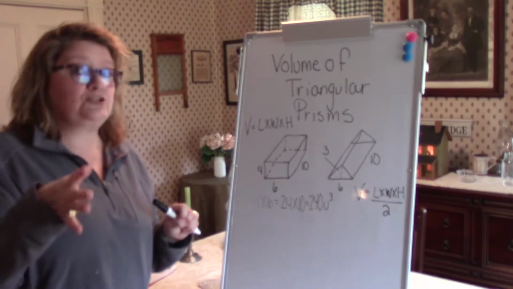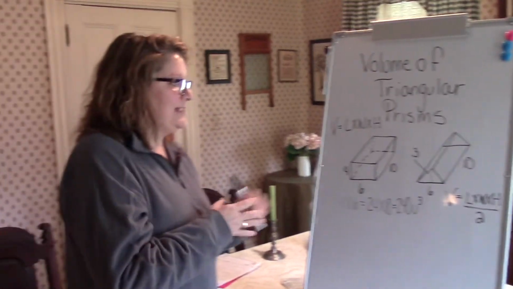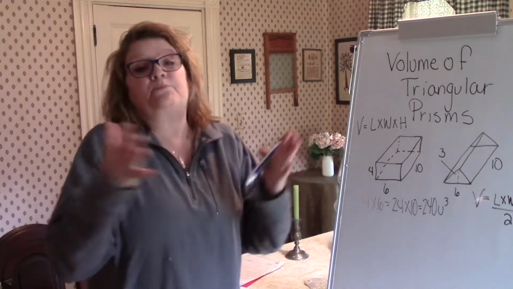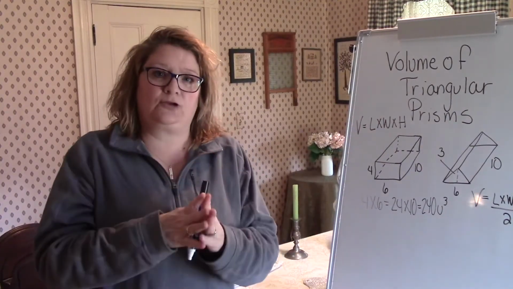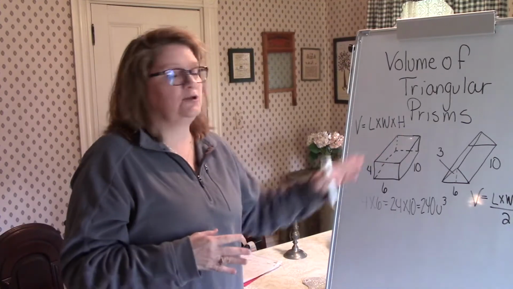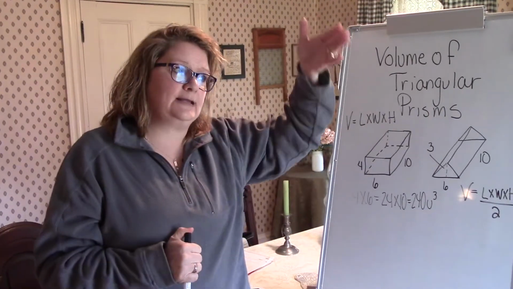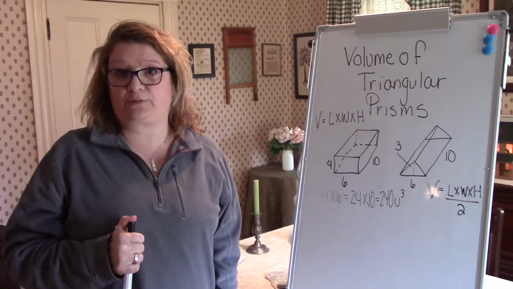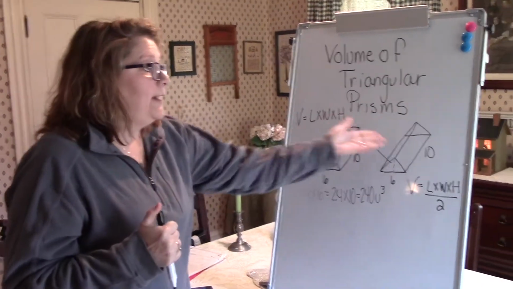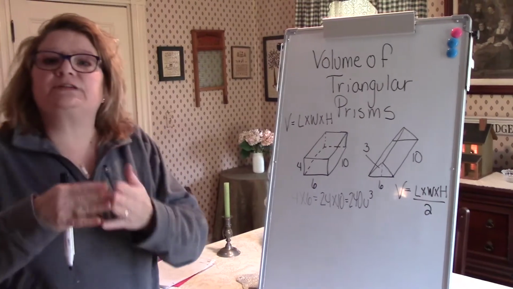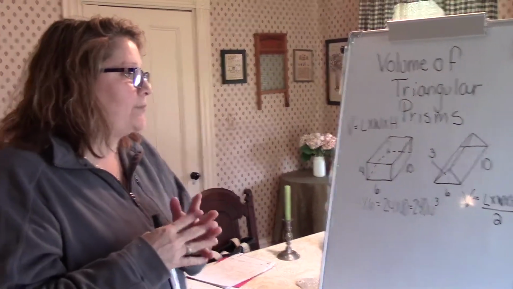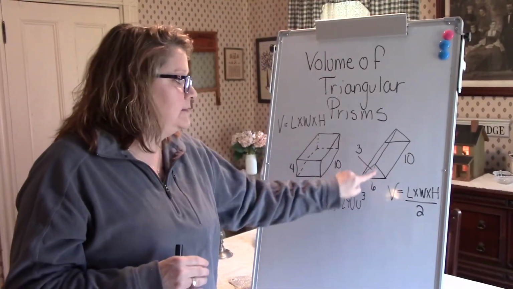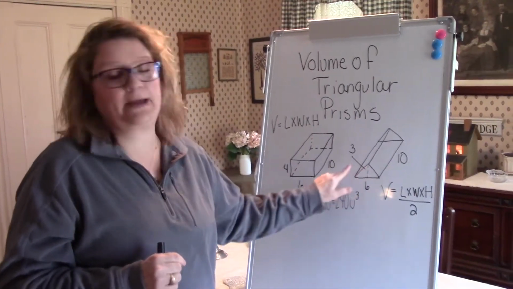So what I want to talk to you about today is that you could potentially get a triangular prism by taking the rectangular prism and cutting it in half diagonally. You could get 2 triangular prisms from that. So I know that one of the videos that we showed you has you find the base, okay? And the base of the triangular prism is the triangle piece.